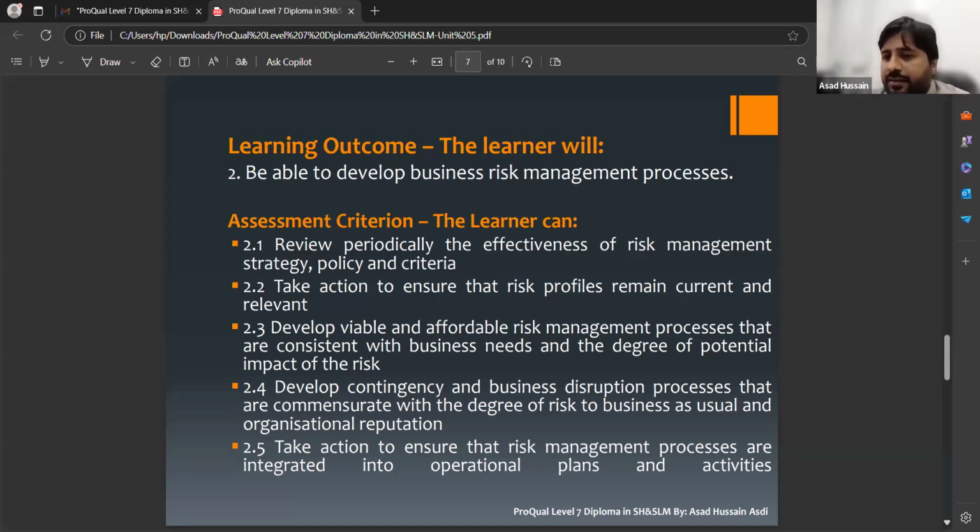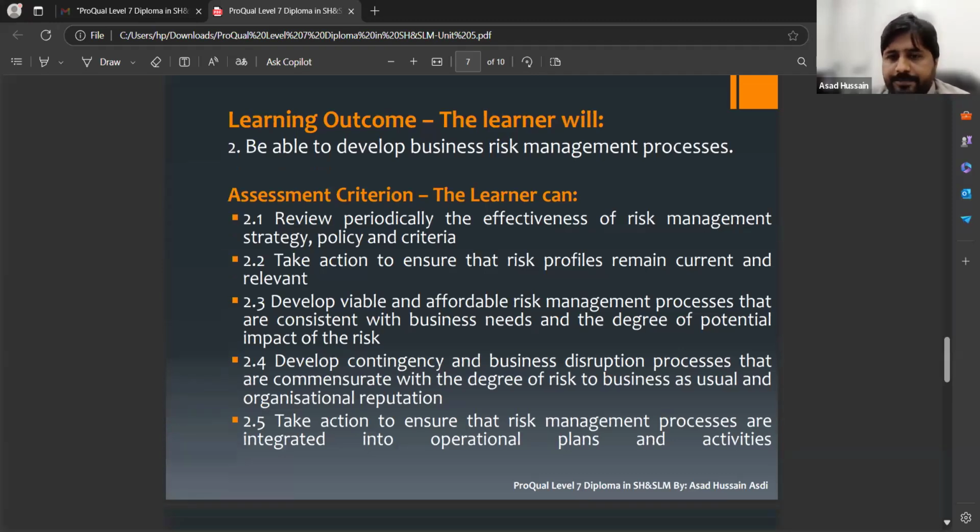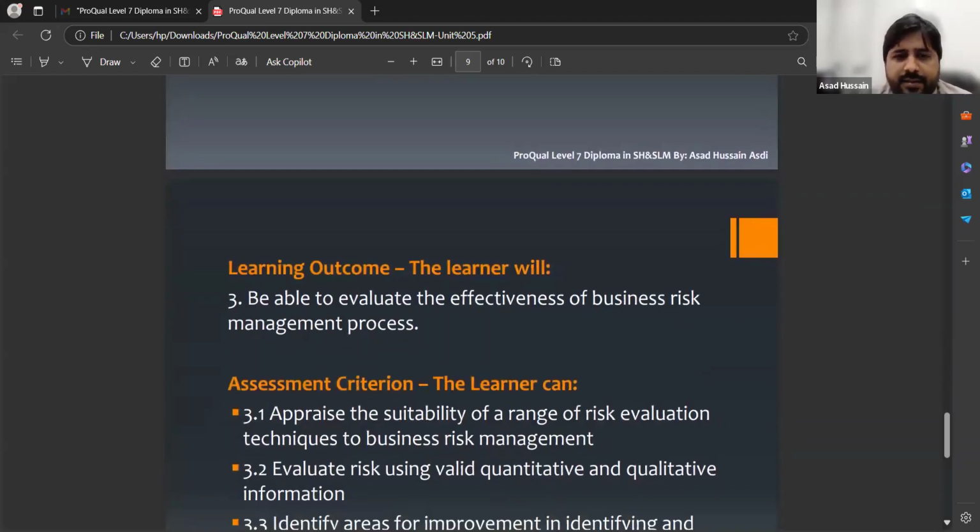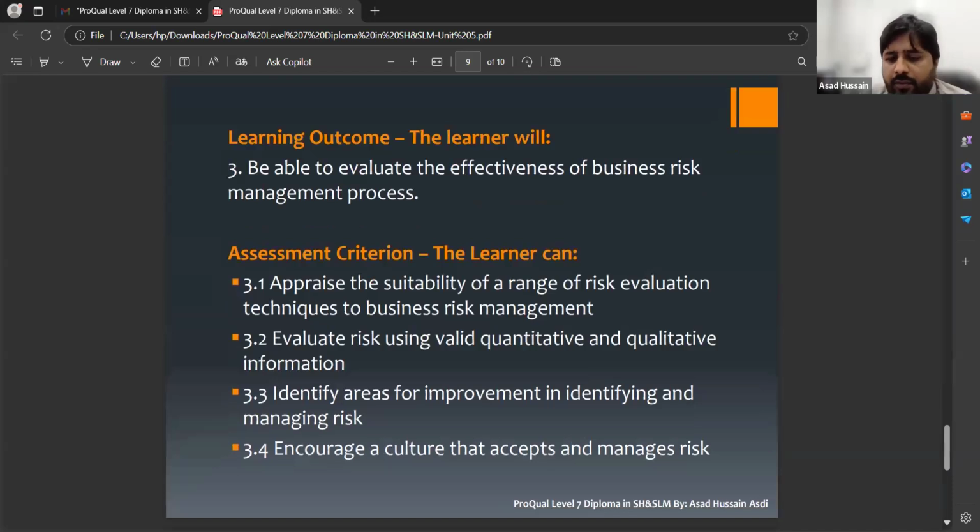So this was our second learning outcome. We have completed it with its 5 assessment criteria. So the last learning outcome, which has 4 assessment criteria, is be able to evaluate the effectiveness of business risk management processes. The first learning outcome was that a learner, a candidate, should have understanding.